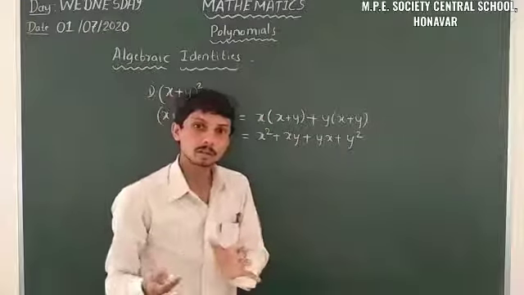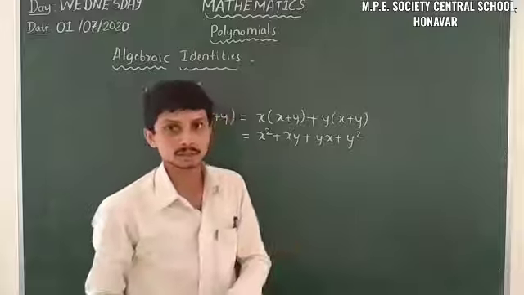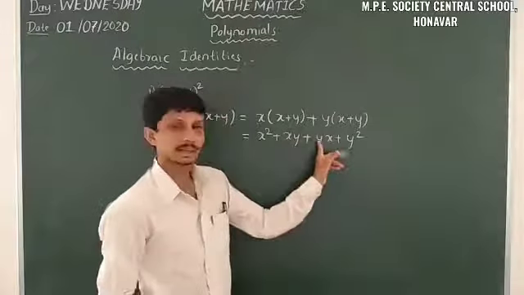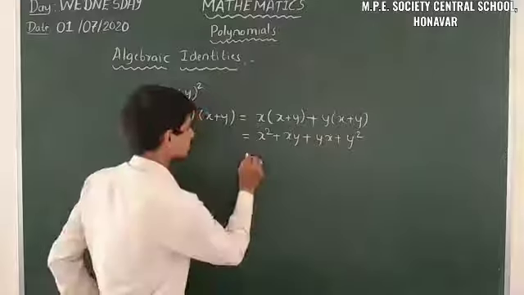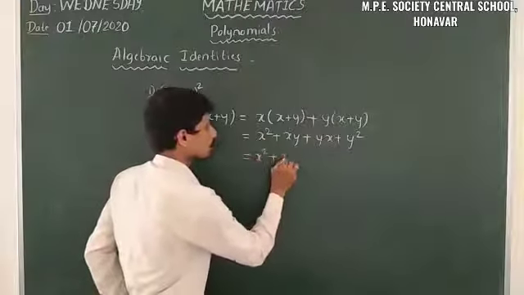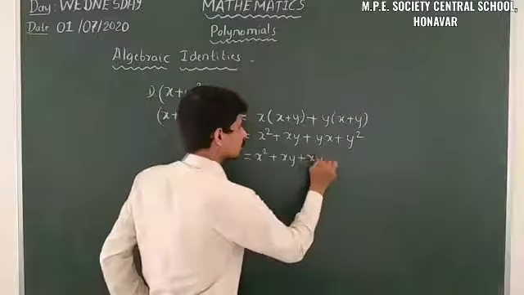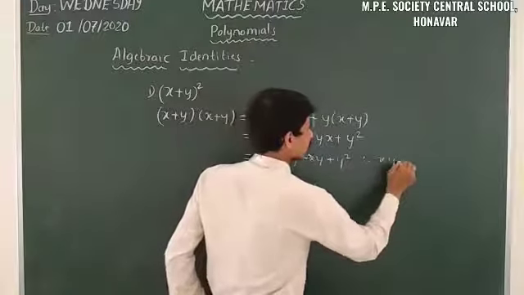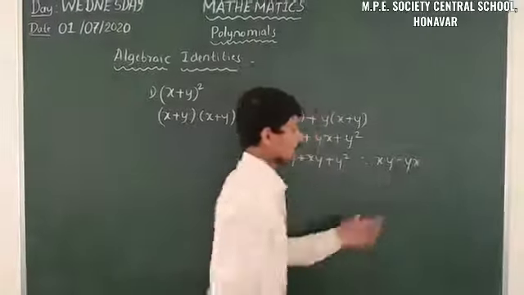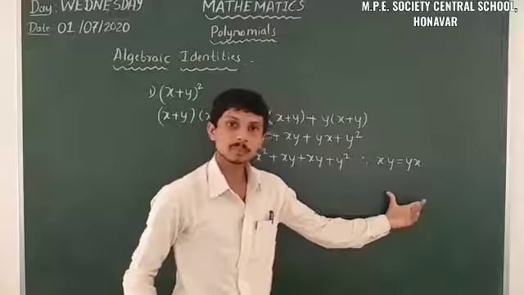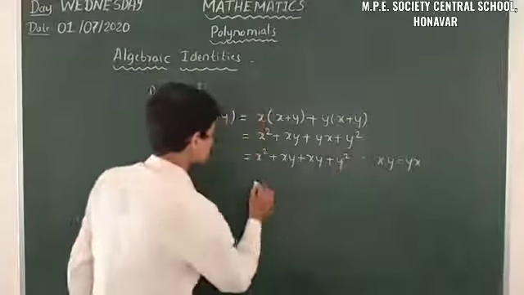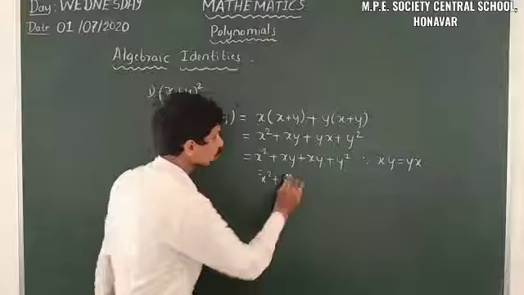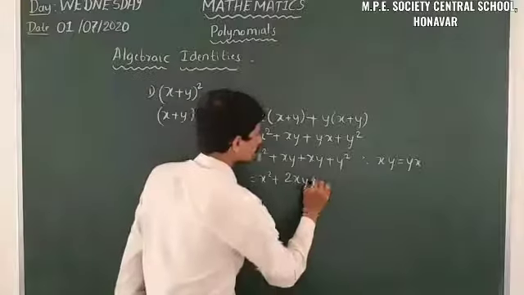According to the commutative property, xy is equal to yx. So I write yx as xy only. So it is equal to x square plus xy plus xy plus y square, because xy is equal to yx. Which property is this? It is the commutative property for multiplication. So it is equal to x square plus 2xy plus y square.